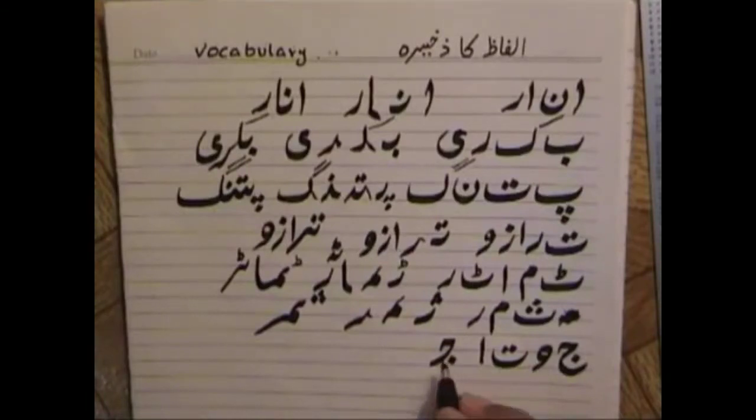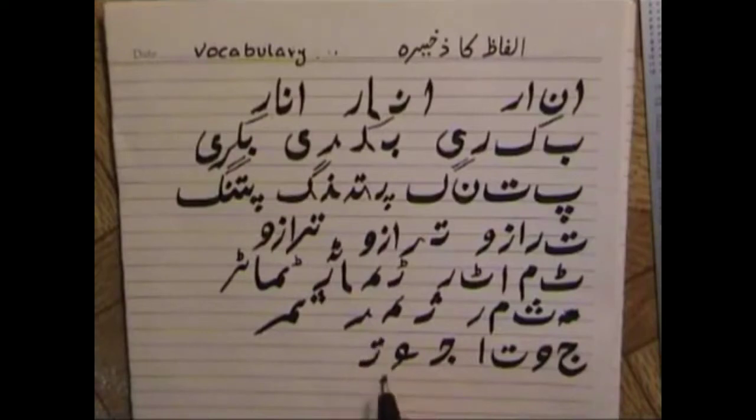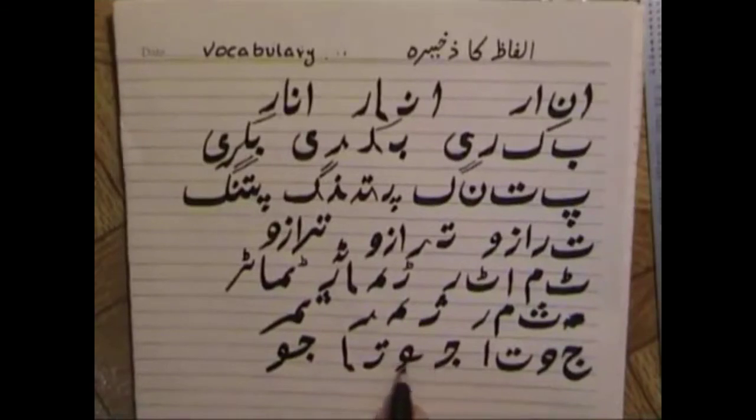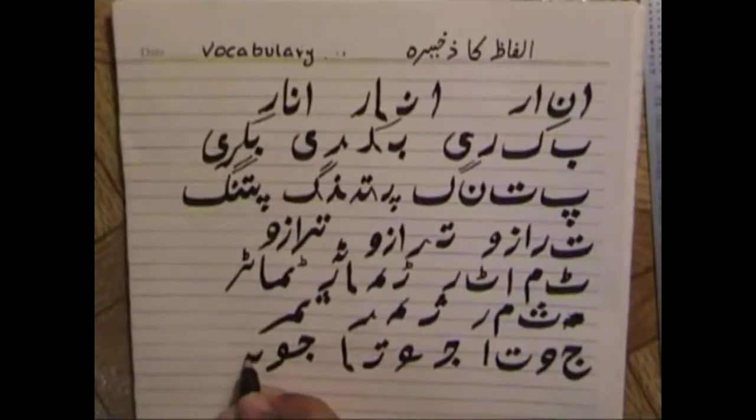Wow is a non-connector, so it will appear in the final position. We cannot connect it with the next letter. Then te is a connector, so it will assume the initial position, and alif is a non-connector, so alif will be in the final position. When we join them, it will be written like this: ju, then te alif ta, juta.